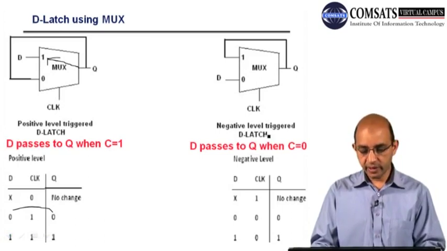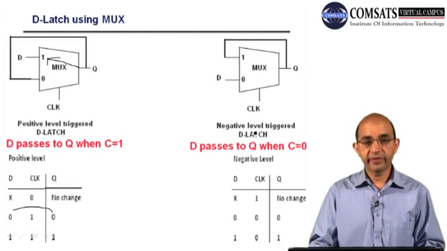So this is the negative level triggering. And you can see here, as opposed to the scenario over here where we have applied the feedback to 0, here we have applied the feedback to 1 because we have the negative level triggering.